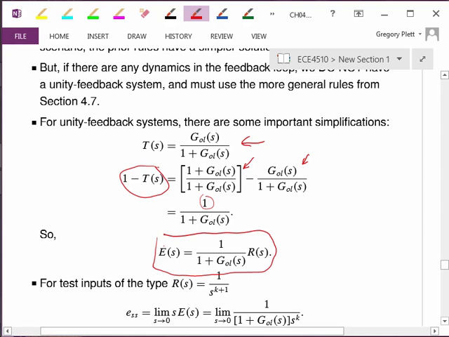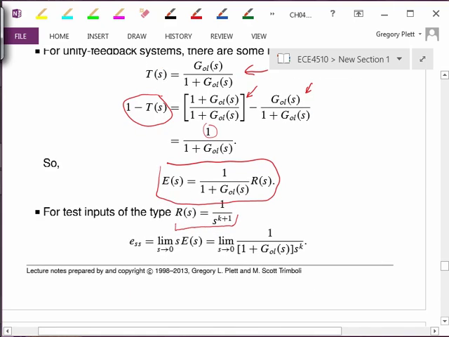When we are looking at test inputs, just like before, that were unit steps, unit ramps, unit parabolas, and so forth, where the test input was R equals 1 over s to the power k plus 1, we compute the steady state error.